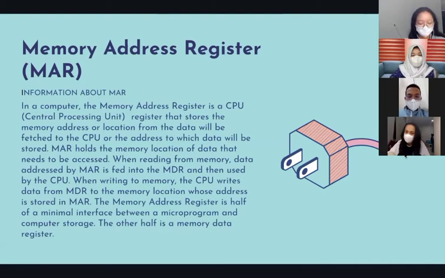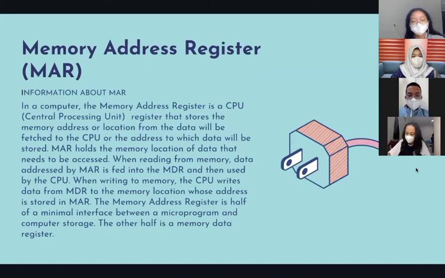MAR holds the memory location of data that needs to be accessed. When reading from memory, data addressed by MAR is fed into the MDR and then used by the CPU. When writing to memory, the CPU writes data from MDR to the memory location whose address is stored in MAR.